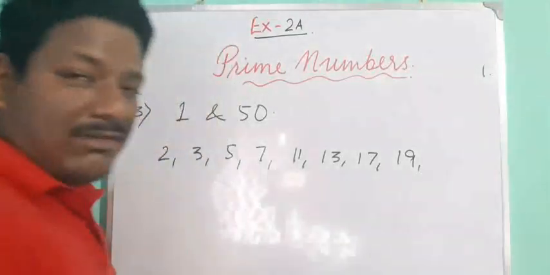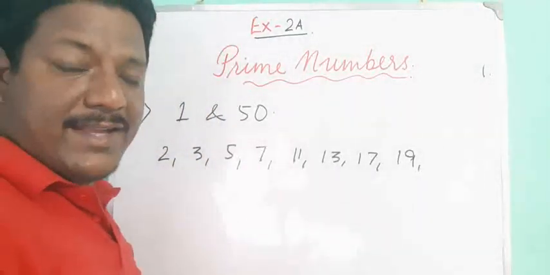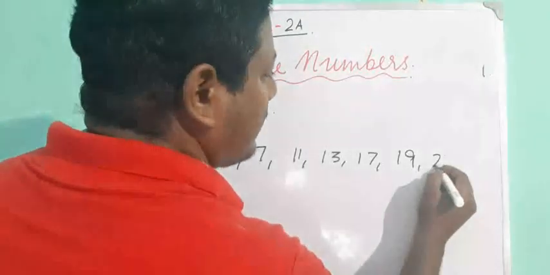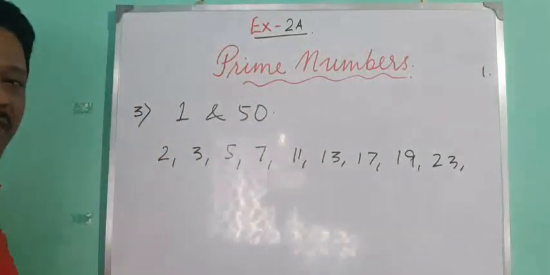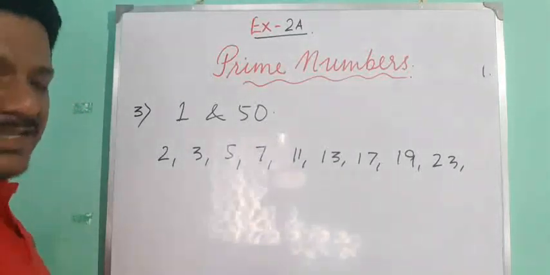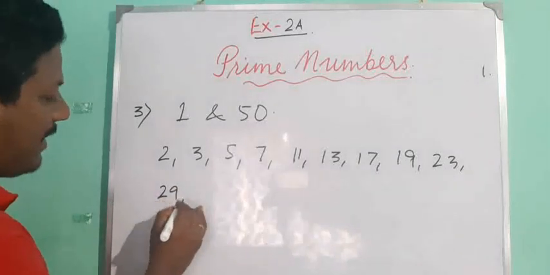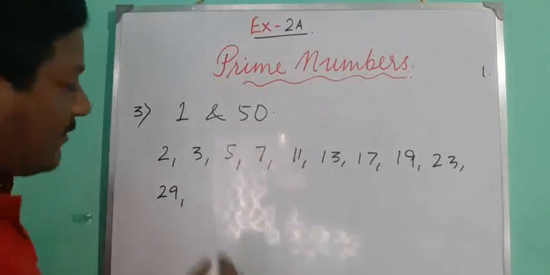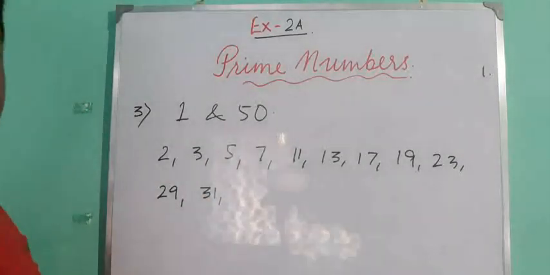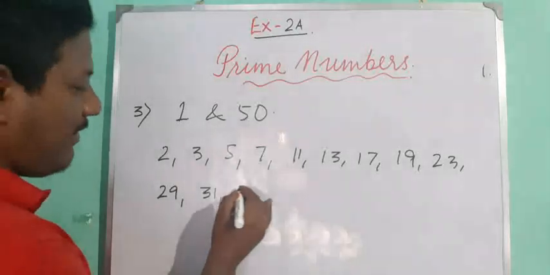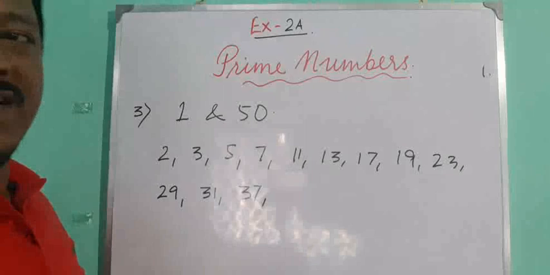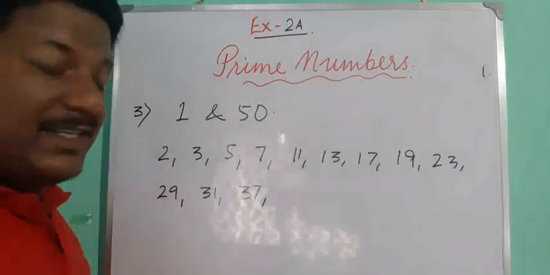Then can we have 20? No, 20 has factors. 21 has factors. 22 has a factor. 23, okay. 24 has a factor. 25, 26, 27 also have factors. 28 has a factor. 29 we can have. 30 has a factor. 31 we can have. 33 has a factor. 35 has a factor. 36, 37 we can have. 38, no. 39 we cannot because 13 3s are 39.